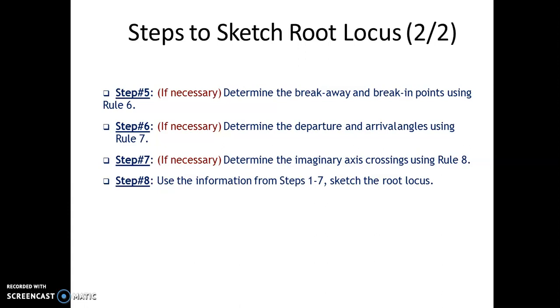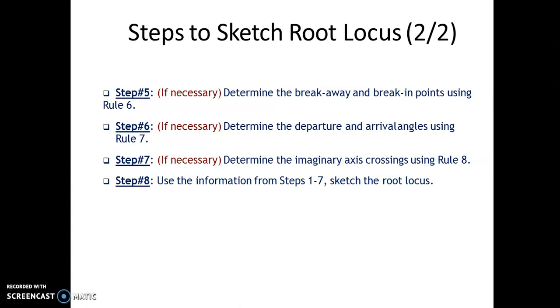Breakaway or break-in points you can find by using dk by ds equal to 0. After finding those roots, substitute those values in the expression for k. If k is positive, then only it is a breakaway or break-in point. Otherwise, there are no breakaway or break-in points.